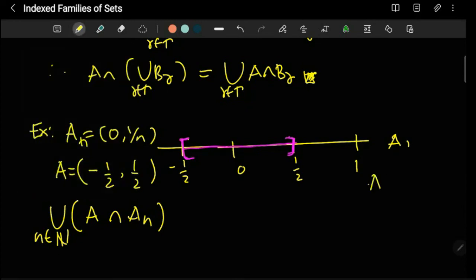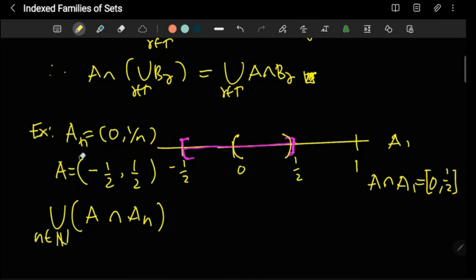A intersection A1 is the same as 0 to 1 half. Right? Now how about the intersection with A2? A2 is 0 to 1 half. So this is A2, 0 up to 1 half, not including 1 half. But A also does not include 1 half.